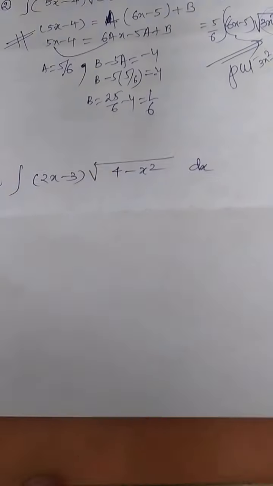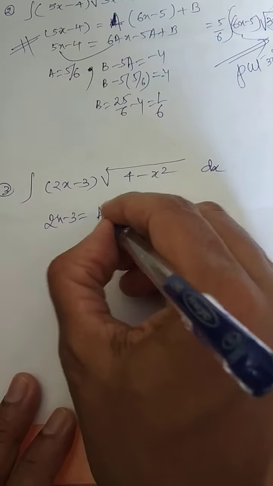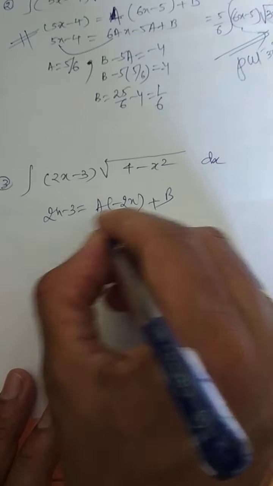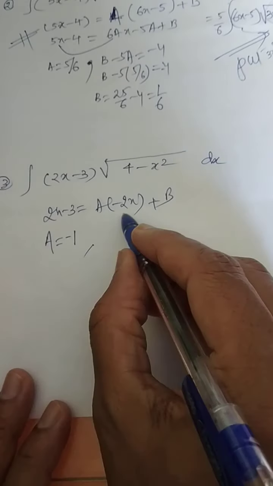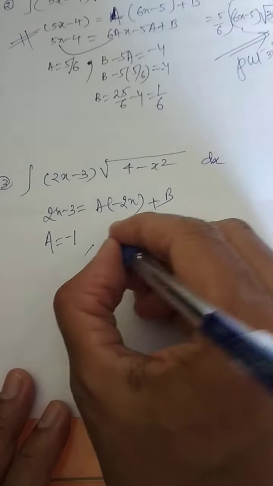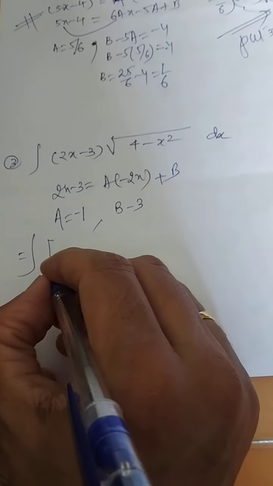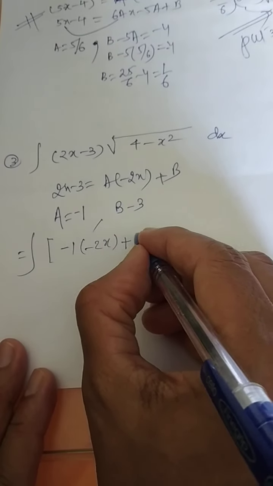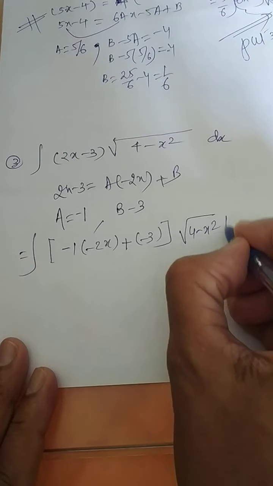Last question, basic integration. 2x minus 3 will be equal to a into minus 2x plus b. Same logic. A will be equal to minus 1, and b will be equal to minus 3. So the given question is minus 1 into minus 2x plus minus 3, into root under 4 minus x square.